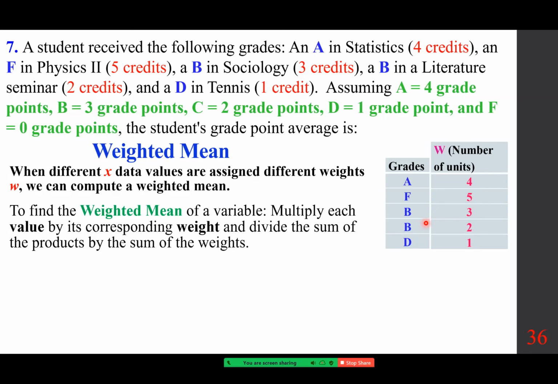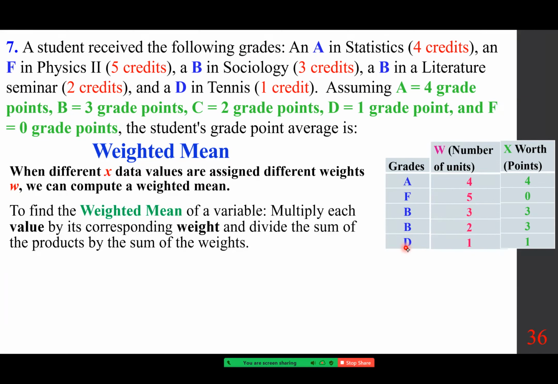Another B was 2 units. A D was 1. And how many points is A worth? 4 points. F, nothing. B, 3, and D, 1 point.